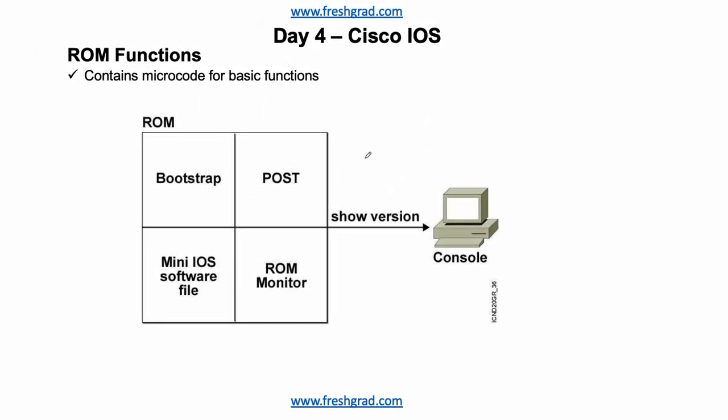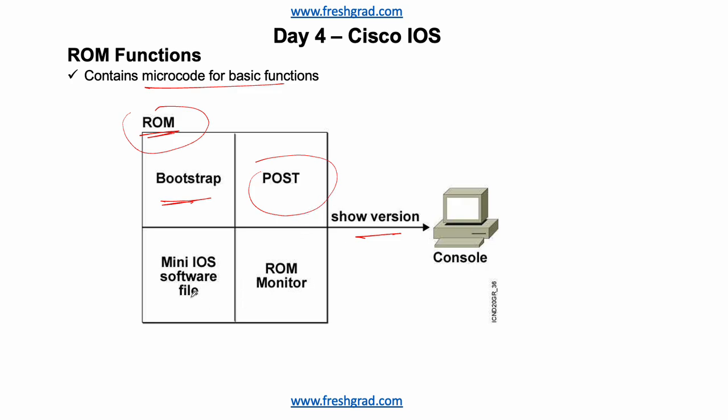Now let's look at only the basic function of the ROM. So bootstrap happens in the ROM. We can do show version in the console command, POST, power-on self-test code. So basically ROM handles system initialization and basic functions.